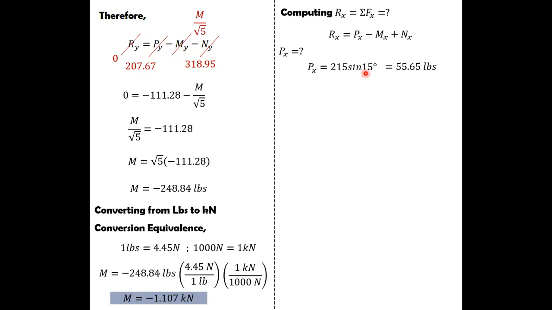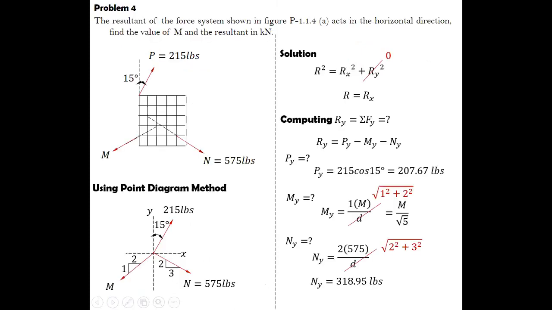Next, let us proceed in computing the second term which is Mx. Okay, so proceed tayo doon sa reference point diagram natin since this is in terms of slope. So ratio and proportion tayo. So the horizontal side of the slope, which is 2, multiplied by the magnitude of the force, which is M, over the hypotenuse side of the slope, which is computed again using Pythagorean theorem.